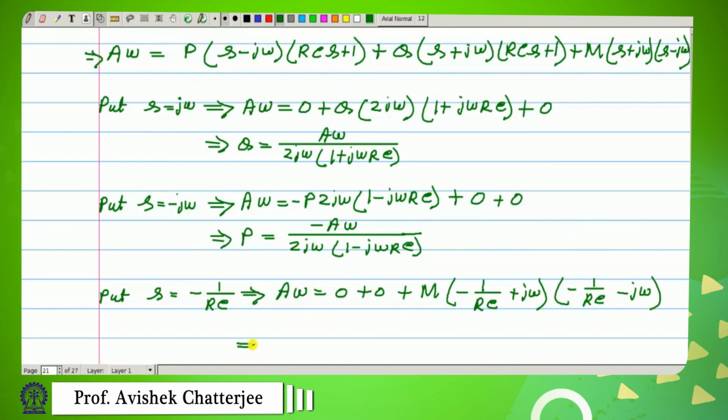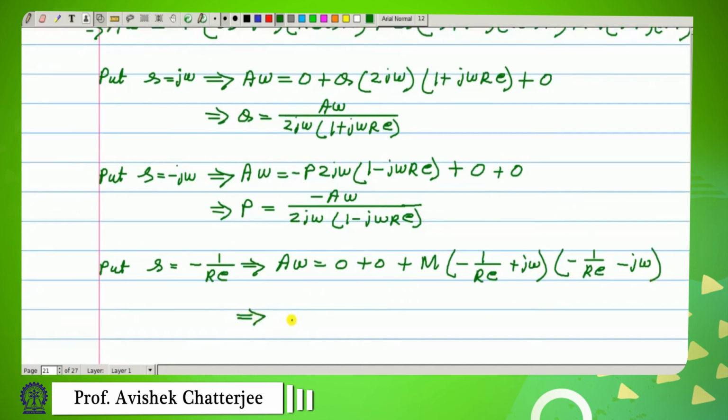So from this, m will be equal to A omega divided by the product of these two terms, which will be 1 by R square C square minus j square omega square.